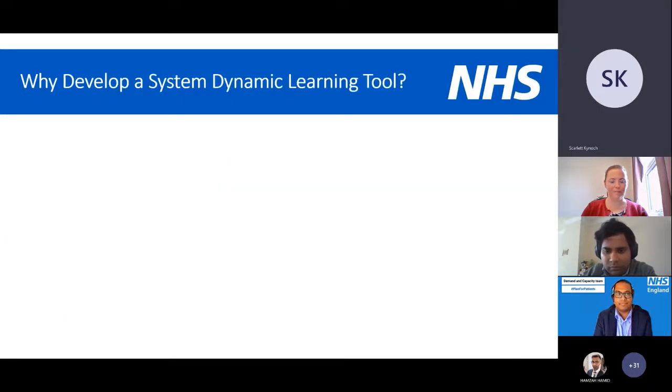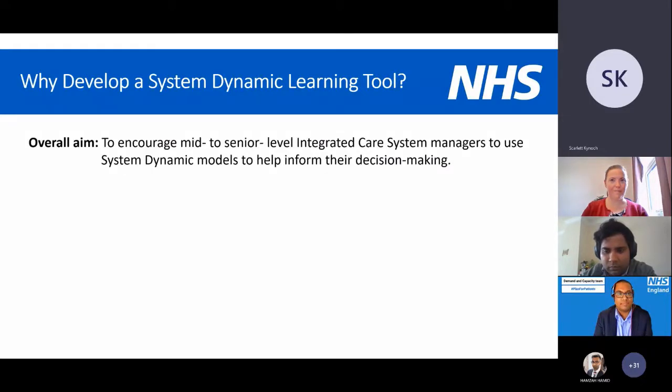So why develop a system dynamics learning tool? Overall, I wanted to develop something that could encourage mid to senior level integrated care system managers to use system dynamics models to help inform their decision making, but it is also just a great way to communicate what system dynamics is. For example, there are loads of different forms of engagement.